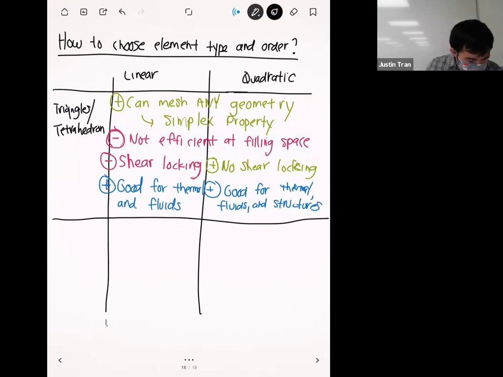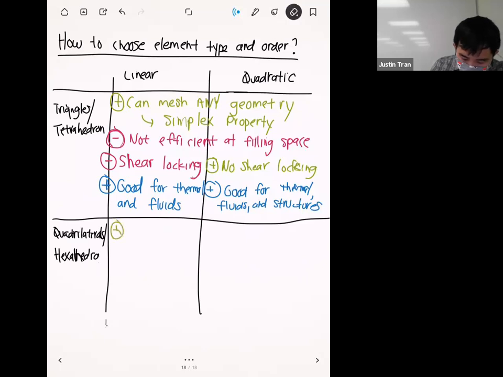Okay. And so now let's go over the quadrilaterals and hexahedra. And so these are in the same category. And so the plus side to this is that when you can get them to work, they are very efficient at filling space.